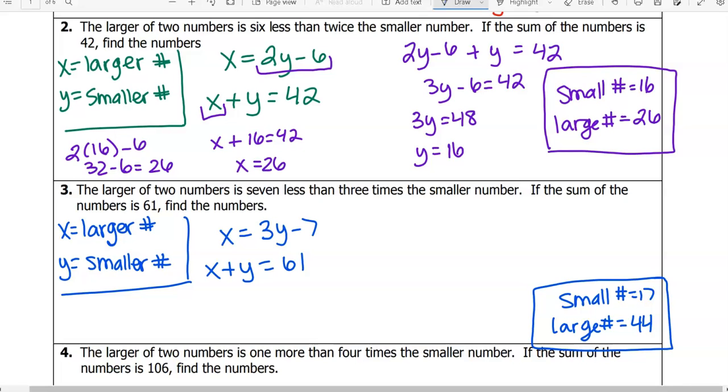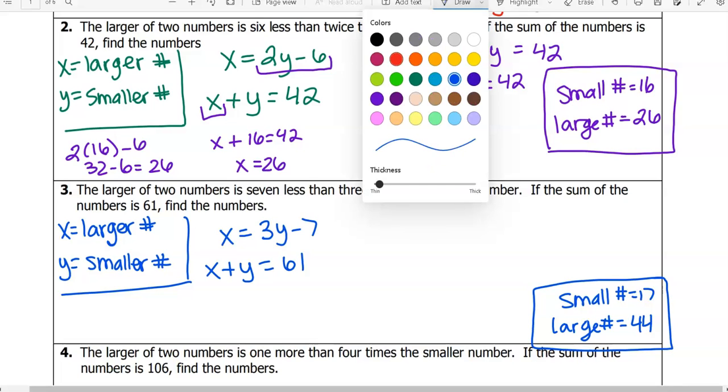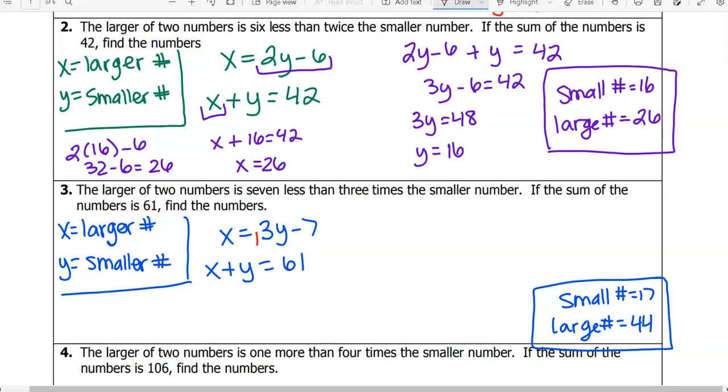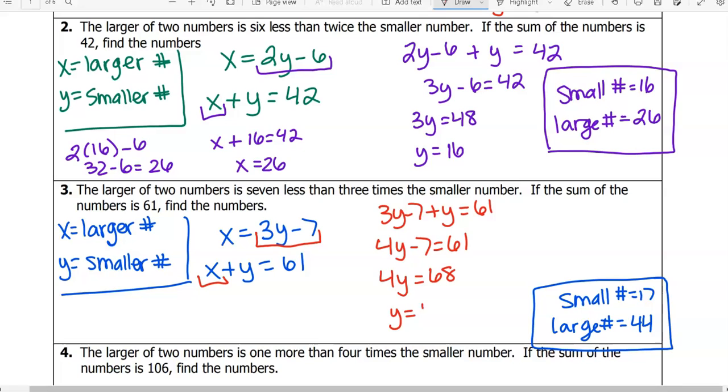And then the sum, so them added together is 61. So when we set it up to solve, we're going to take 3y minus 7 and use that to replace the x. So 3y minus 7 plus y equals 61, which gives us 4y minus 7. Add that 7 over to get 68. And then divide by 4 to get your 17.